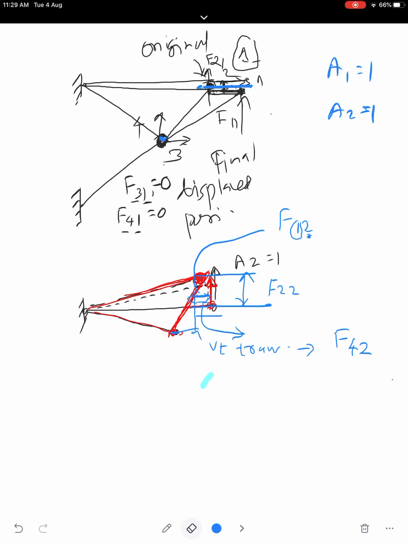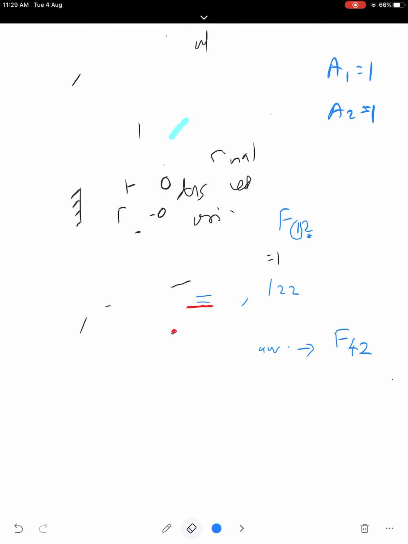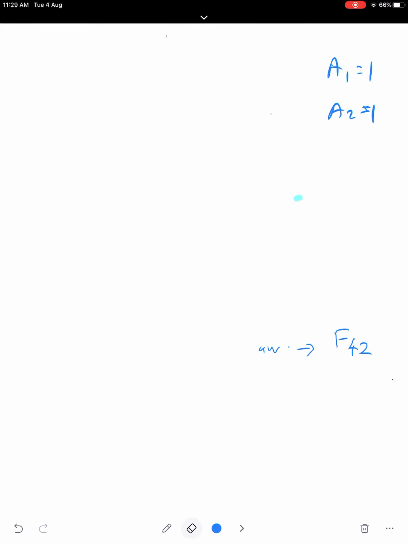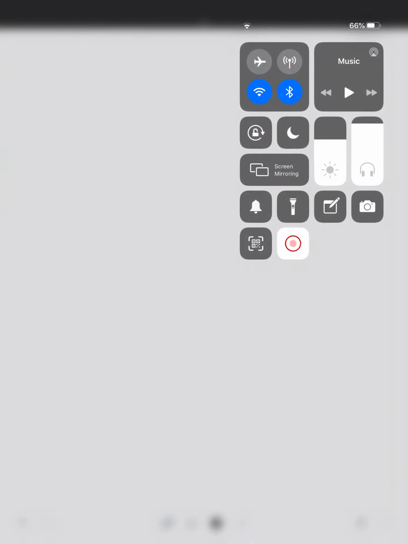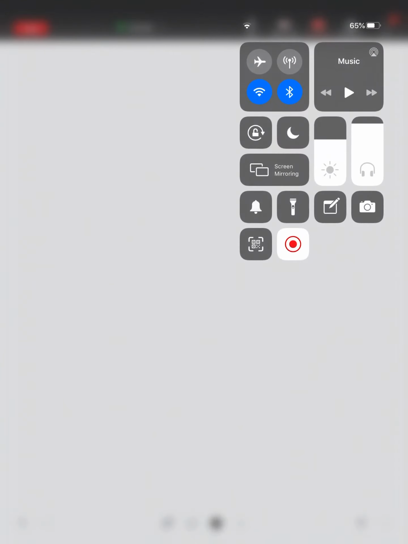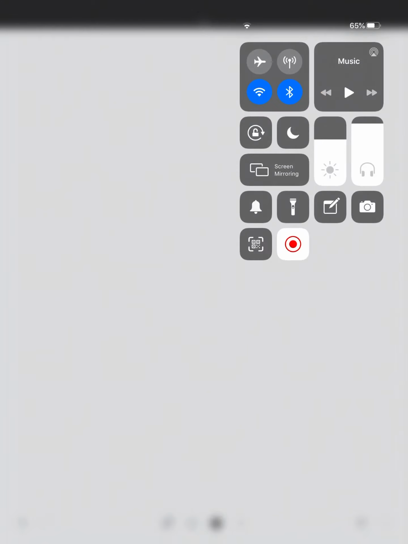Now let us consider the third case. What are we going to do in the third case?